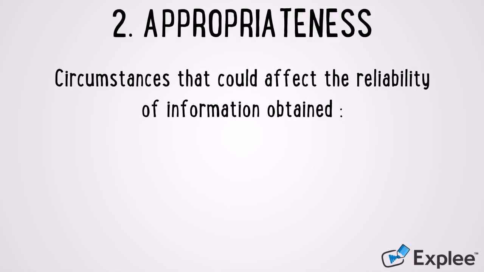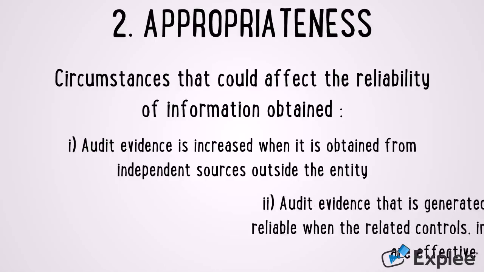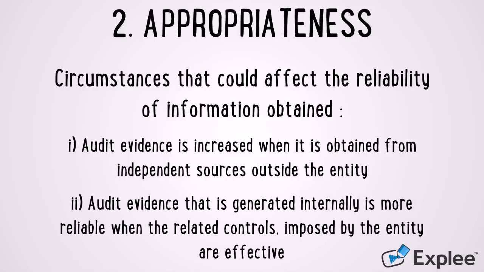Circumstances that could affect the reliability of information obtained. First, audit evidence is more reliable when it is obtained from independent sources outside the entity. Second, audit evidence that is generated internally is more reliable when the related controls imposed by the entity are effective.